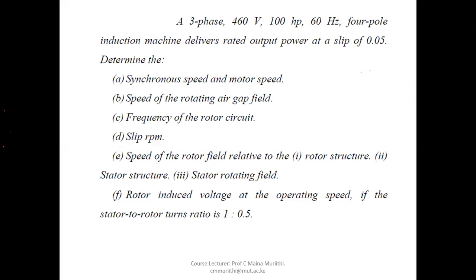So if the rotor was at standstill and the voltage on the stator side was 1, then the voltage on the rotor side will be 0.5 volts. What if the machine is revolving? What will be the difference? The turns ratio will remain the same, only that now the rotor induced voltage will reduce by a factor of the slip S. So we can now view the solution together.